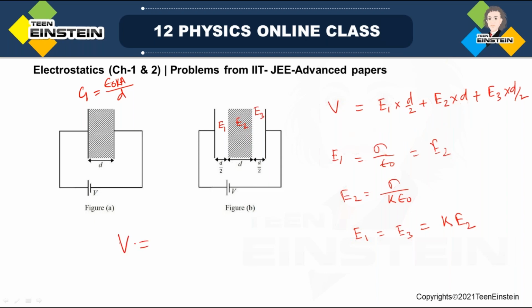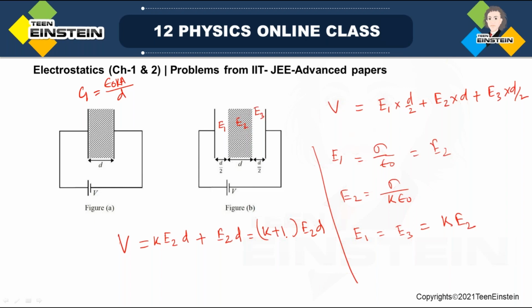So V is actually k E2 d plus E2 d, right?